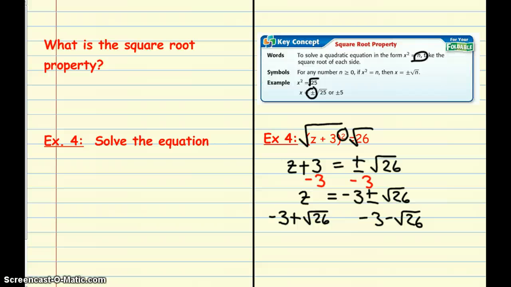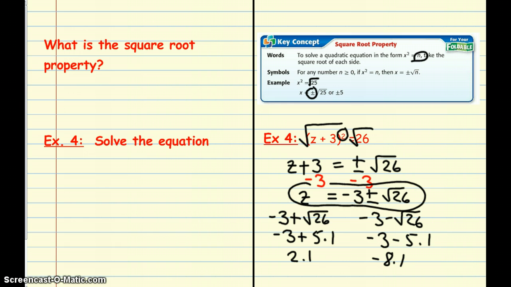If we have to figure out the close to exact value, I rounded my square root of 26 to 5.1. In this case, we would say negative 3 plus 5.1 is 2.1. And then negative 3 minus 5.1 is negative 8.1. Most of the time, this particular answer, negative 3 plus or minus the square root of 26, is just fine as far as your answer goes. So there you have it for 8.6.